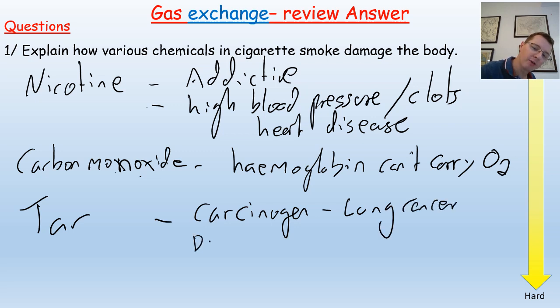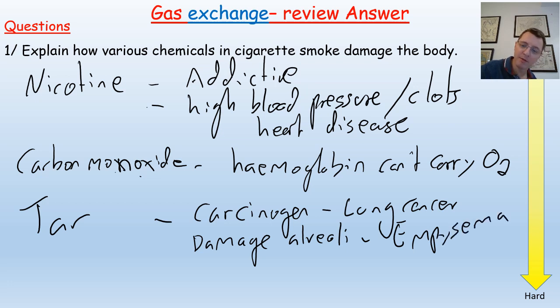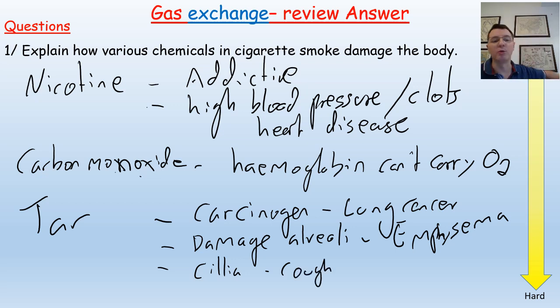Tar can damage the alveoli, and link that into causing emphysema. And you also need to mention that tar can damage the cilia and cause coughing because the mucus cannot be removed.